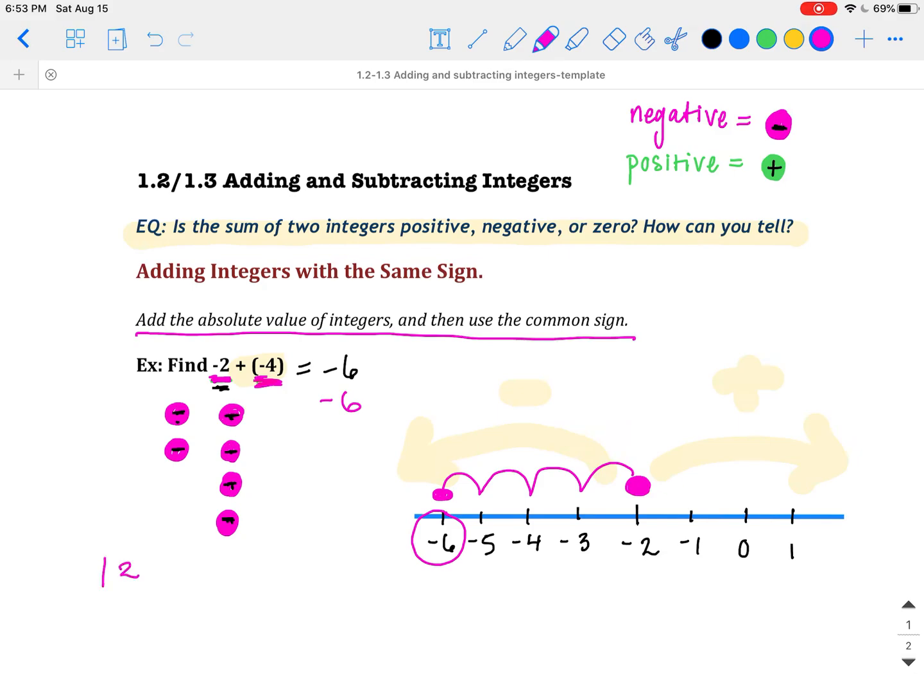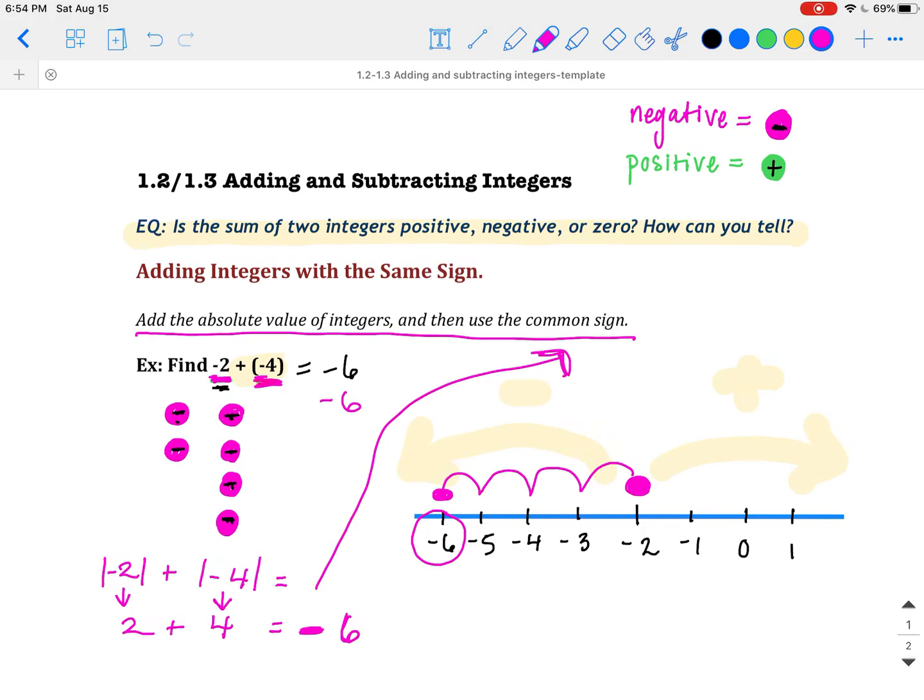Those signs were the same, so we could take the absolute value of -2 and -4 and add them, and then we just apply that sign at the end. So here I would already put a negative sign in my solution because I know it has to be negative since that's the common sign. And this would be 2 plus 4, and then that would be -6 since that was our common sign. That was the rule, right?